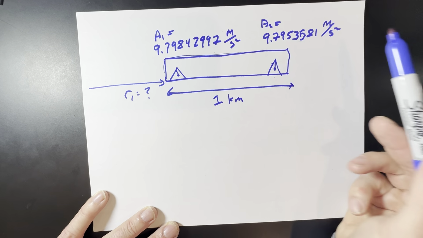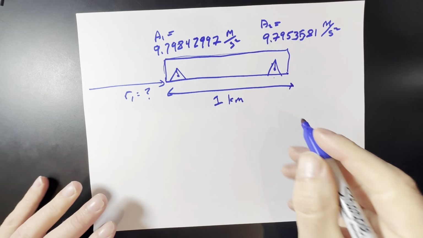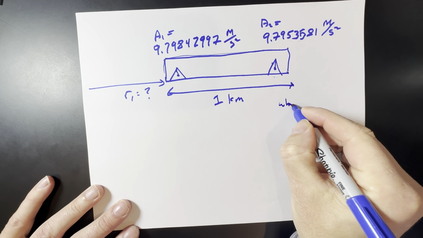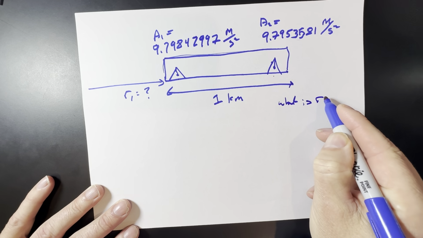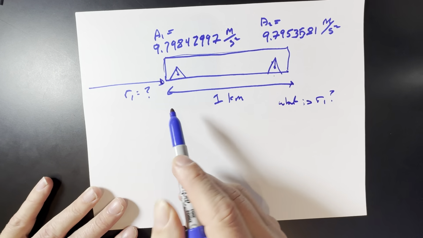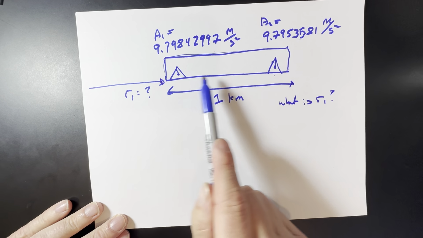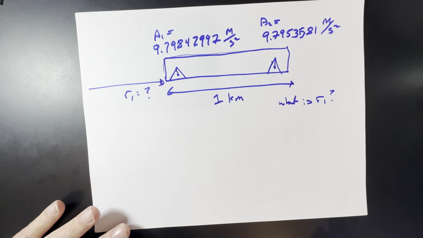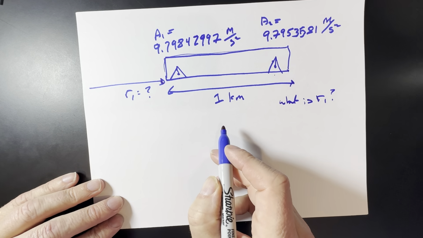The second one reads another number that's slightly less. The question is, what is R1? What's the radius if this was a planet? If this was sitting on the surface of a planet, and this was the acceleration, and the difference was the tidal force, what is the distance R1?